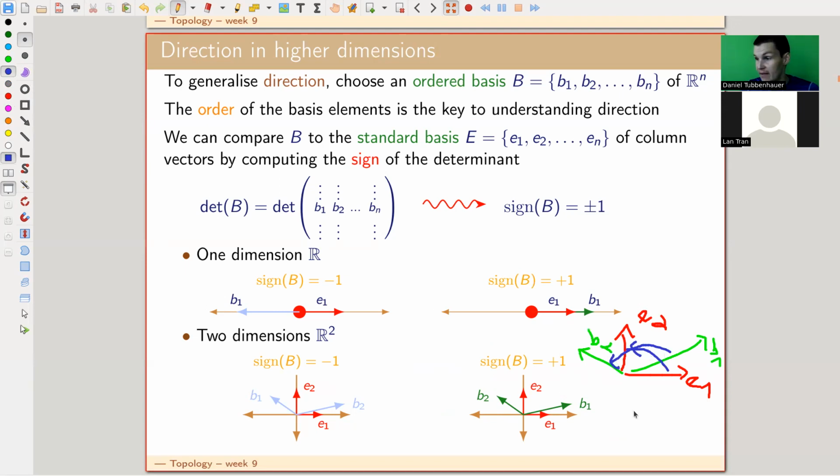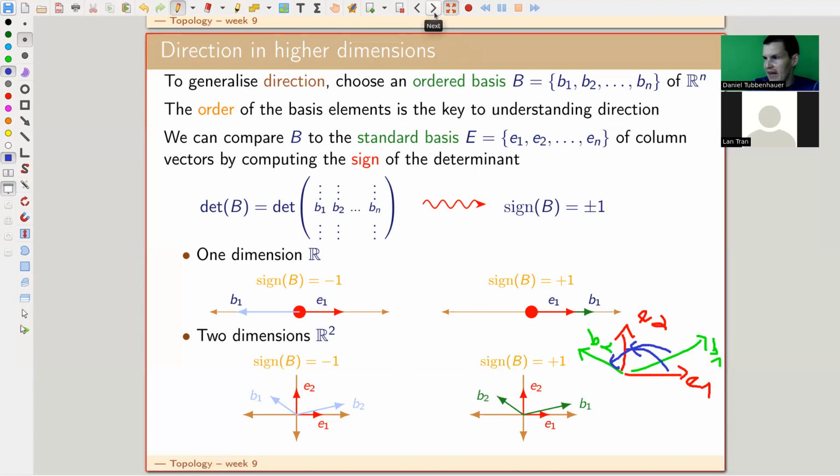So in this case, the sign is positive and they are oriented in the same way. And you can imagine now something similar happening in higher dimensions, where you have a higher dimensional coordinate system and you wonder whether it is oriented in the same way as your preferred coordinate system given by the B's. So the E's are the standard coordinate system, and our preferred coordinate system are the B's, and we want to compare them to one another. Hope that makes some sense.